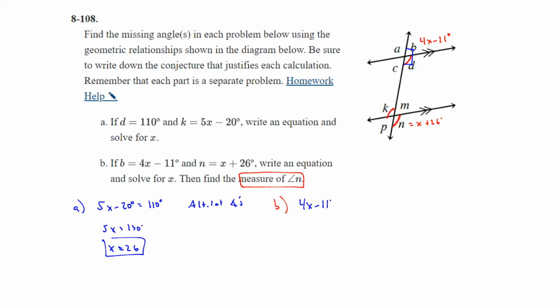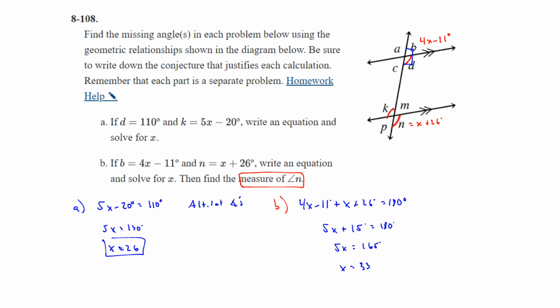So 4x minus 11 degrees plus x plus 26 degrees is equal to 180 degrees. That'll be 5x plus 15 degrees, just combining my like terms. Subtract 15, 165 degrees, and then divide by 5. X is equal to 33.